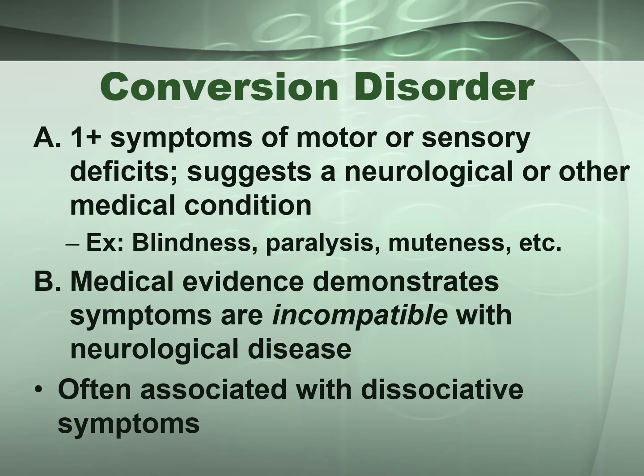And this is incredibly important. So not merely that there's an absence of evidence that it exists or that the symptom seems too bizarre. We have to show that it is impossible for it to go along with neurological conditions.